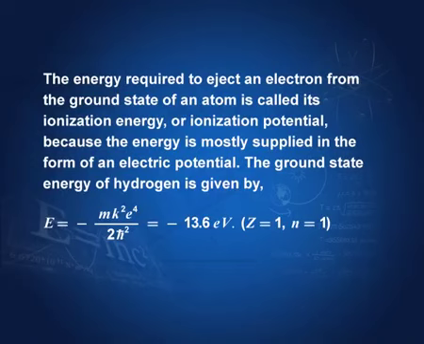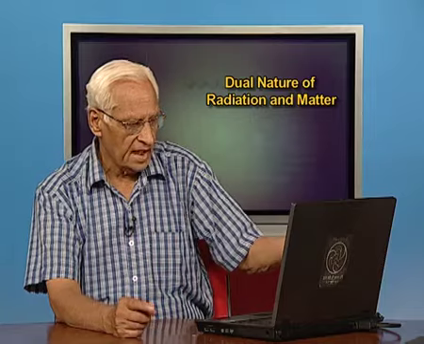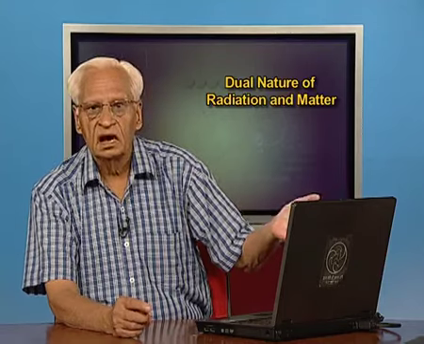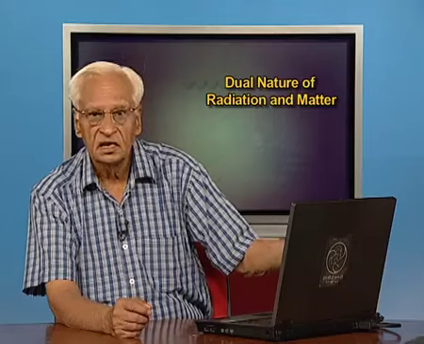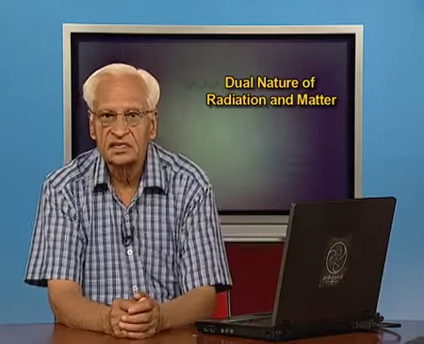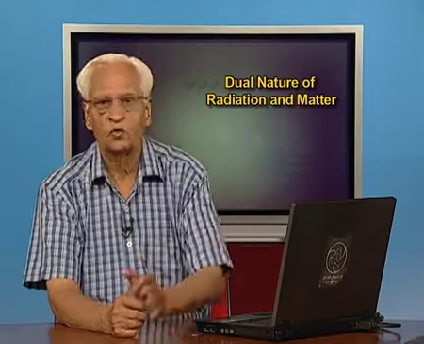We have already defined ionization energy or ionization potential, and for the hydrogen atom, for which Z, the atomic number, is 1, and for the ground state n is equal to 1, the energy of the electron in the ground state is minus 13.6 electron volt.